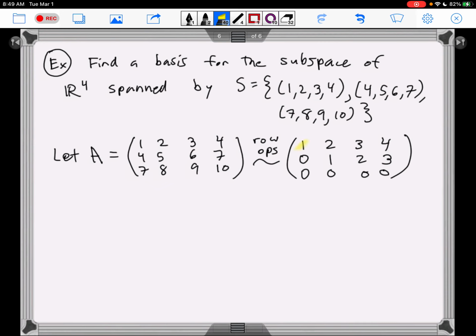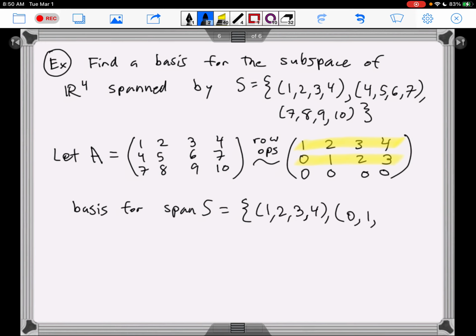And again, look at the non-zero rows here. Those are the ones that are going to give us a basis. So the basis for the span of S is equal to 1, 2, 3, 4, and the vector 0, 1, 2, 3.